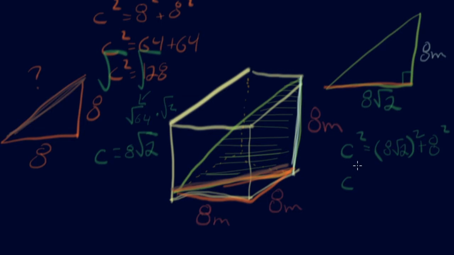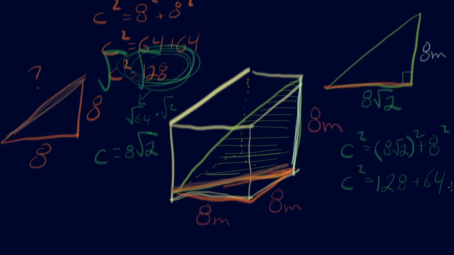Remember, if I square this, you can think of it as going backwards. So that's 64 times 2, which is 128, plus 64.